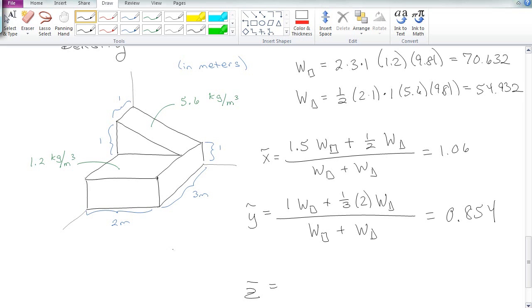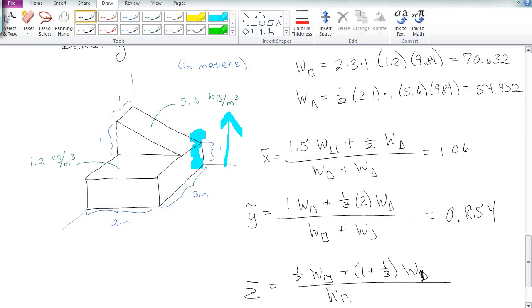All right, so for z, and remember z is of course going up, so we've got 0.5, or 1/2, and then this is going to be 1 up, and then 1/3 of 1, so here we go, triangle, that's a triangle, and divide by the weight of everything, and we get 0.0865. So those are the answers we're going to be looking for when we put this in SolidWorks.